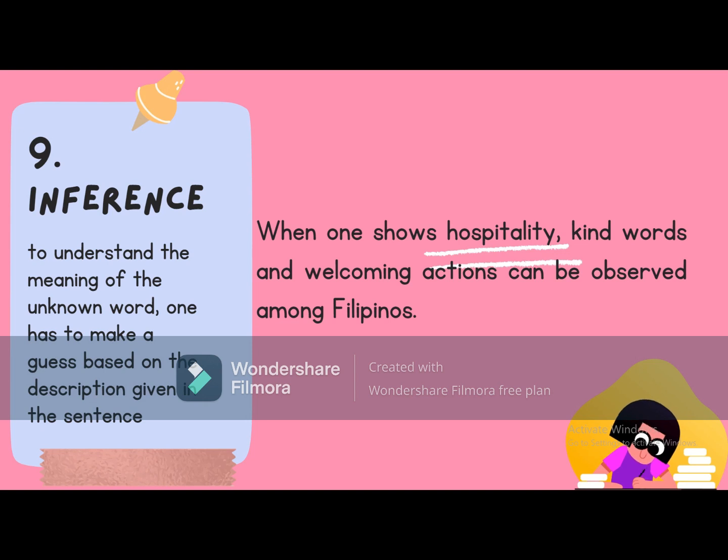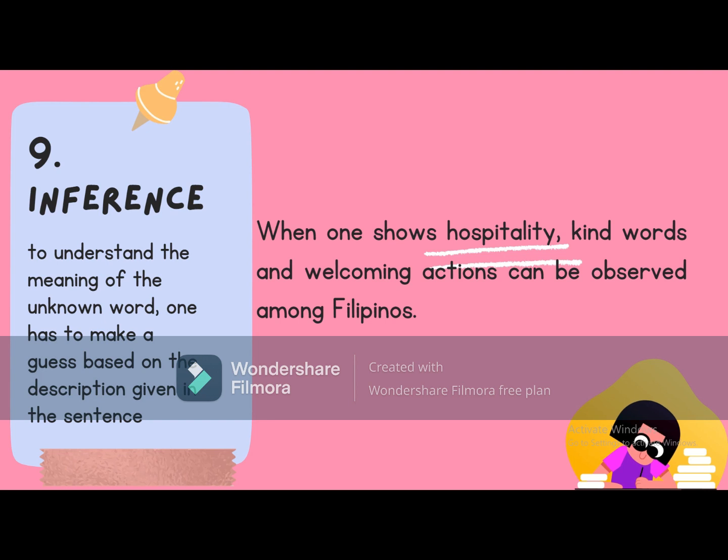Next, we have inference. To understand the meaning of the unknown word, one has to make a guess based on the description given in the sentence. And it is not like the ordinary guess that we usually do. It means intelligent guess. Okay, so let's have this example. When one shows hospitality, kind words and welcoming actions can be observed among Filipinos.